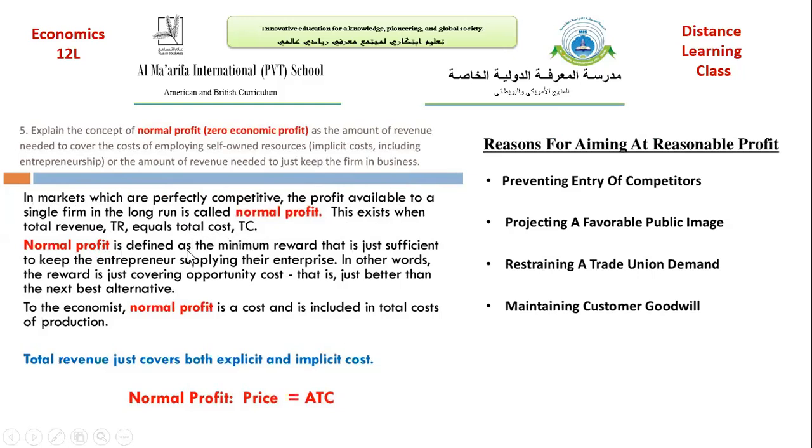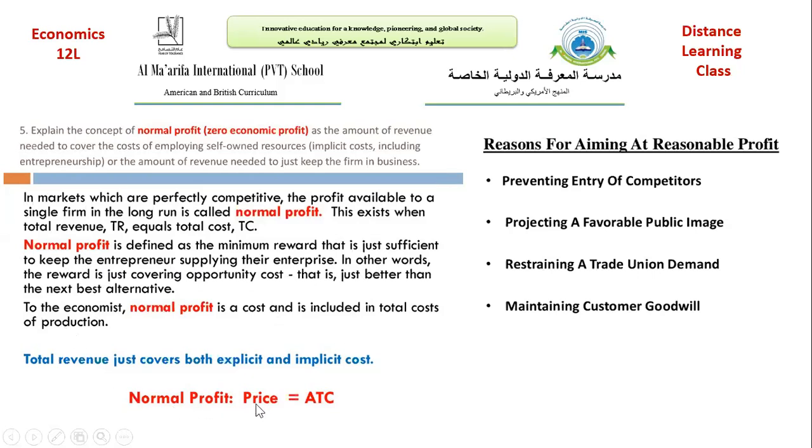Normal profit is defined as a minimum reward that is just sufficient to keep the entrepreneur supplying the enterprise. In other words, the reward is just covering opportunity cost, that is, just better than the best alternative. To the economist, normal profit is a cost and is included in the total cost of production.